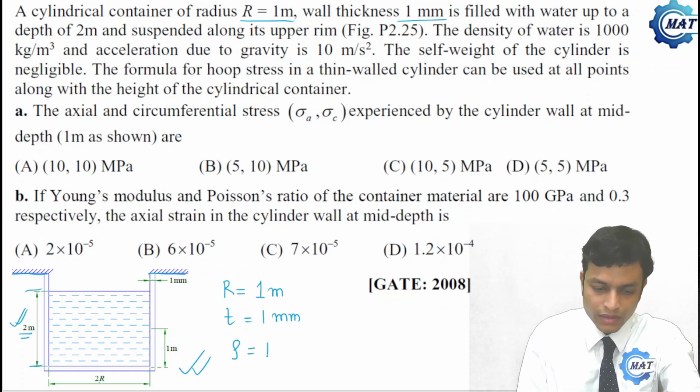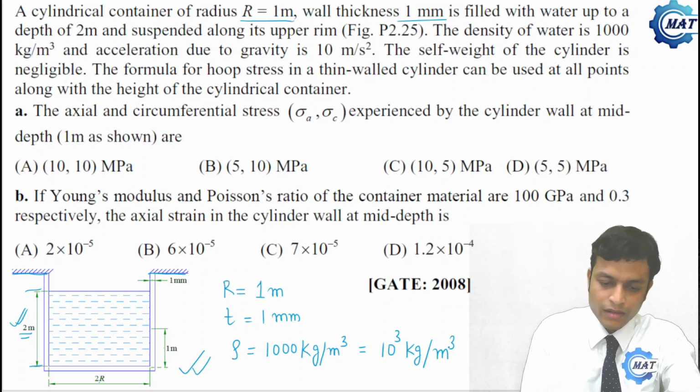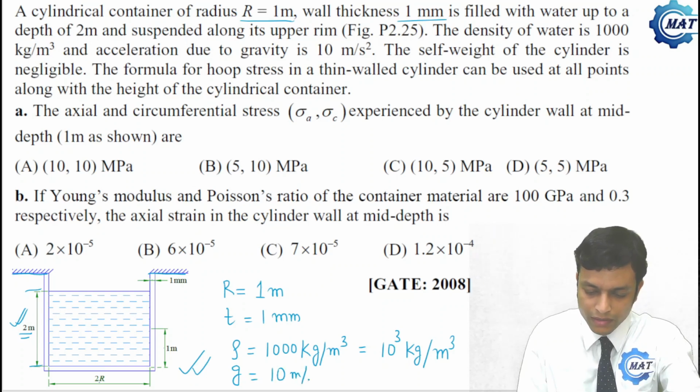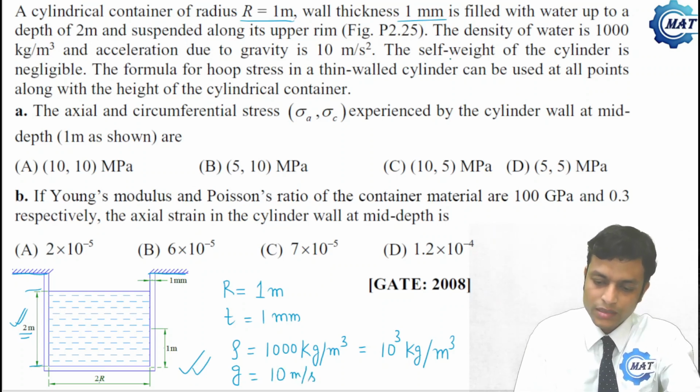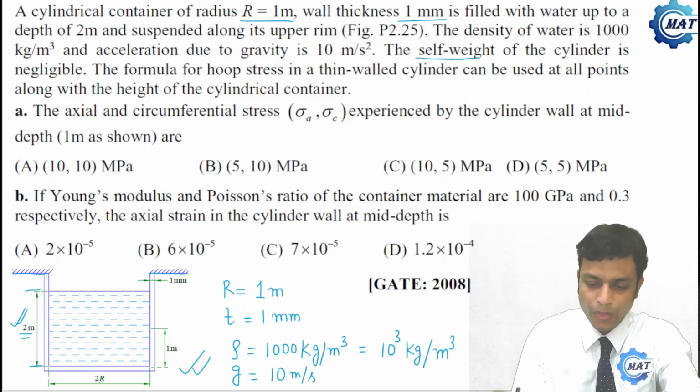Rho is 1000 kg per meter cube, that is 10 to the power 3 kg per meter cube. It is given. Acceleration due to gravity, that is g, is also given, 10 meter per second squared. The self weight of the cylinder is negligible.